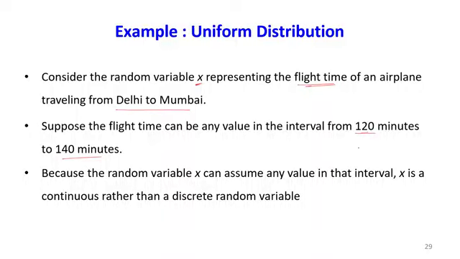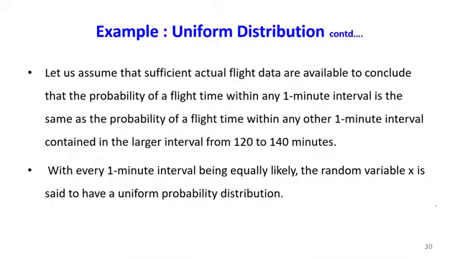Now I am interested in any one particular value. For example, I want to find out the probability that this flight would take around 130 minutes, the probability of 130 minutes. So here it is nothing but 1 by (140 minus 120), which is equal to 1 by 20. That would be the probability.